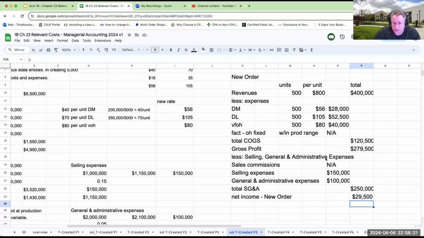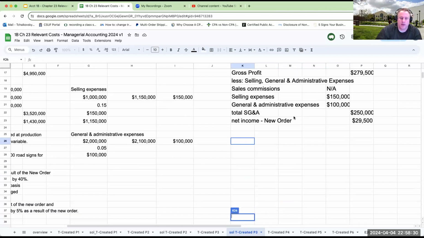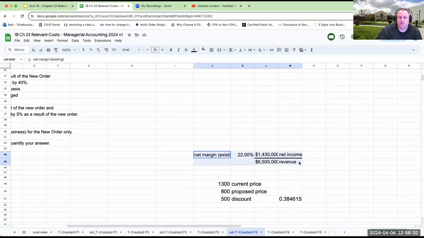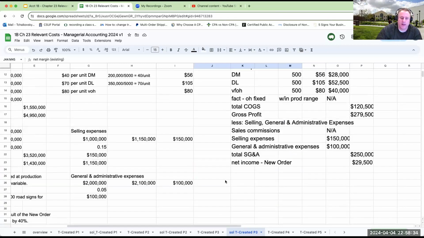That's fine. However, when we're looking at this, let's just take a look at something really quickly. The net margin, and I want to go back to what we were first going through and looking at.